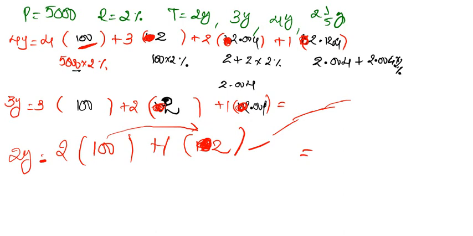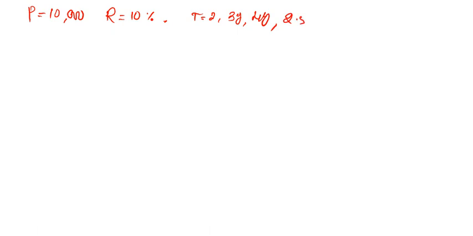Okay. We'll see one more example in a clear and easy manner. Let the principal be 10,000. The rate of interest is, let's say, 10%. Let the number of years be 2 years, 3 years, 4 years, and 2.5 years.